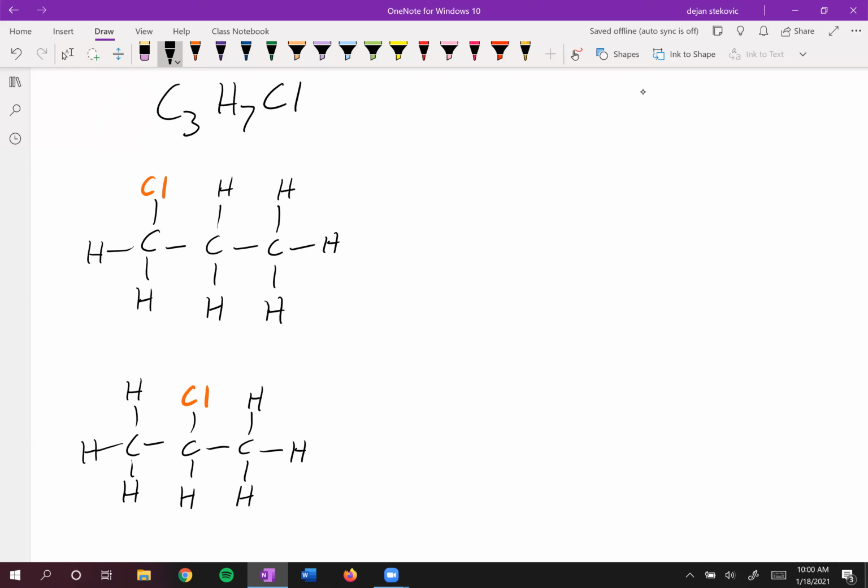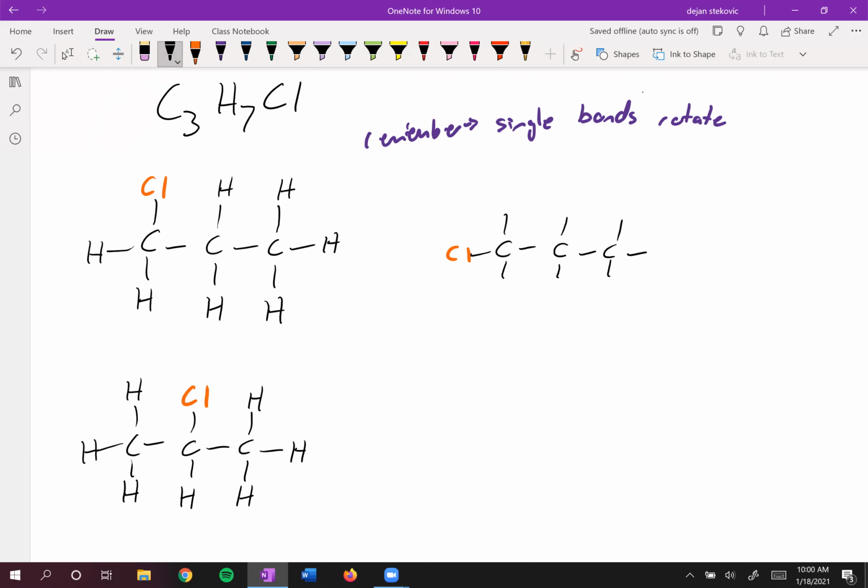But remember that single bonds can rotate. And so, for example, if you drew this structure over here, these 2 compounds would actually be the same thing.